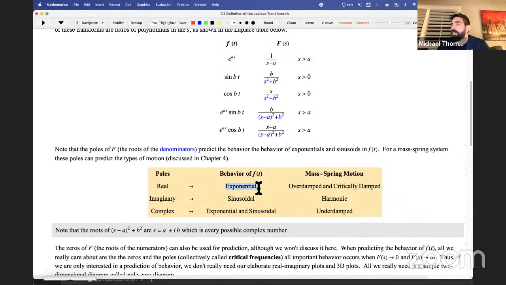The ones that were exponential were overdamped and critically damped. So basically, what's happening here is that 1 over S minus A, that Laplace transform, is telling us that the solution to the system is exponential. It's an overdamped or critically damped solution.